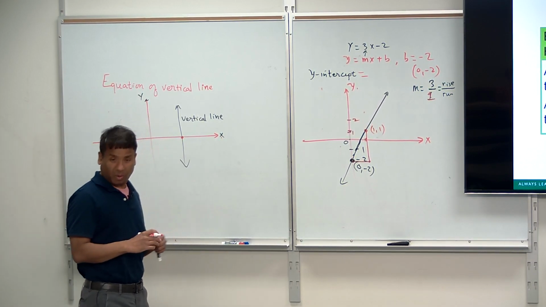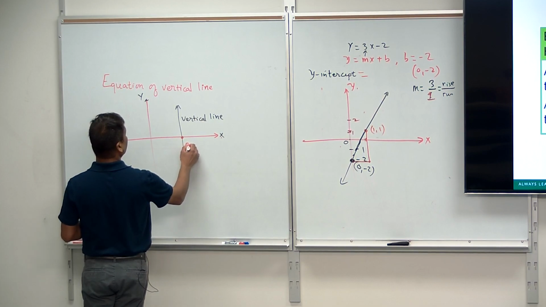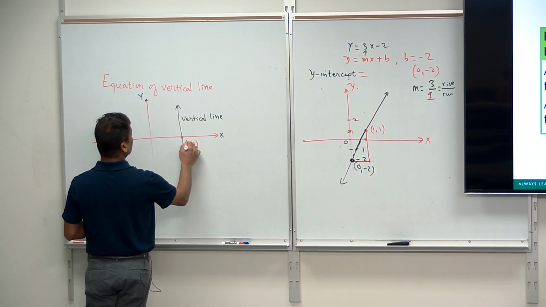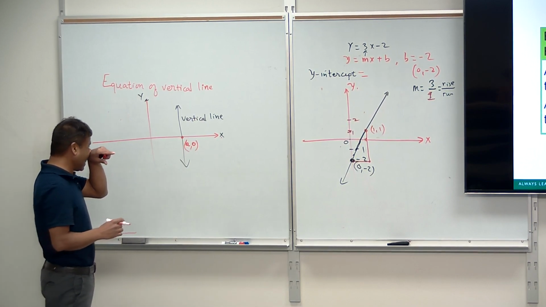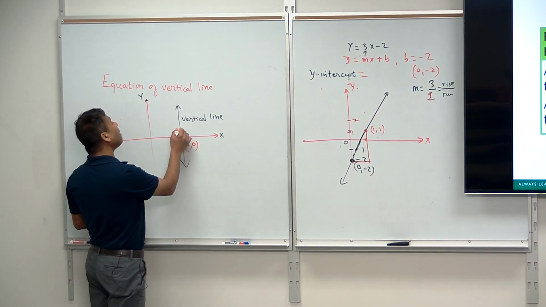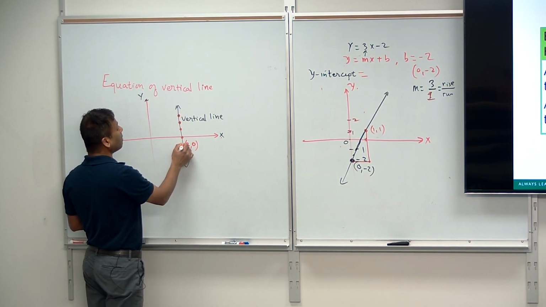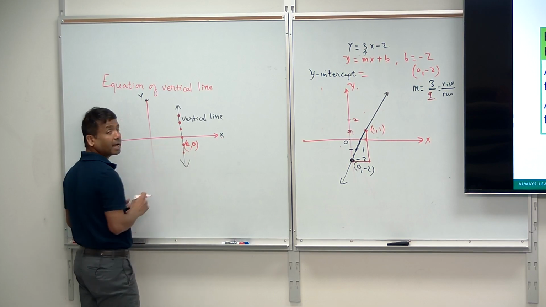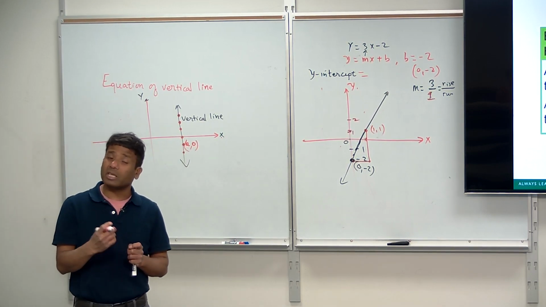let's say (a, 0), okay? So this line passes through the point (a, 0). So that means every point on this line has the x-coordinate a. I'm picking a general point a.